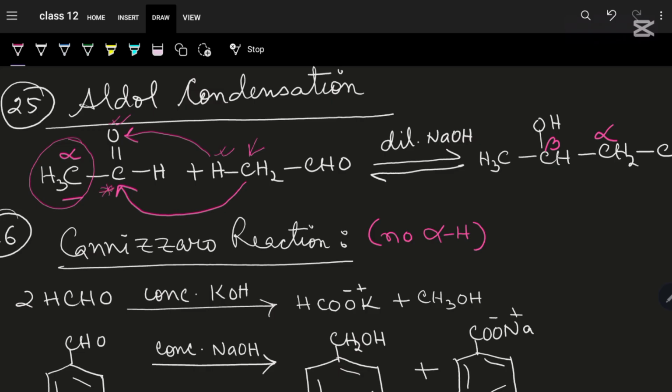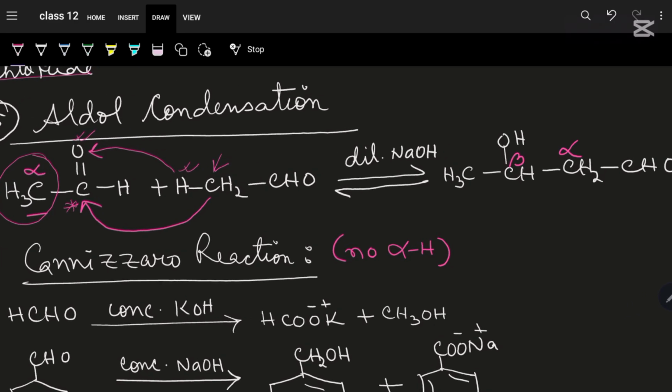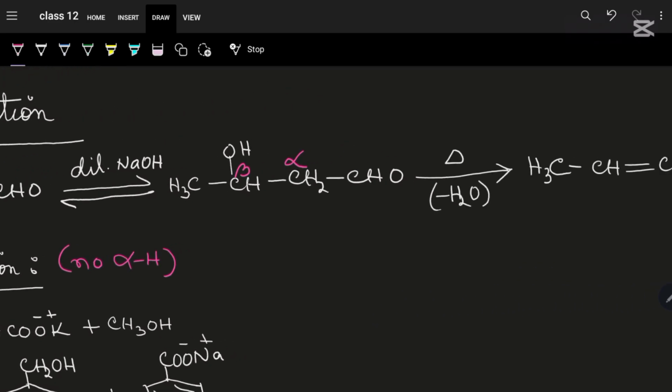So H is added to oxygen and the alpha carbon is added to the carbonyl in order to obtain aldol, containing aldehyde and alcohol groups together. So you can see beta hydroxyaldehyde, and this is known as aldol.